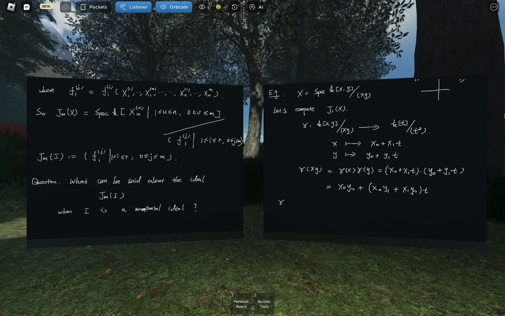So in order for gamma to sit inside the first jet scheme of X, we need x0 y0 equals 0, and x0 y1 plus x1 y0 equals 0. So these two are the defining equations for one-jets.